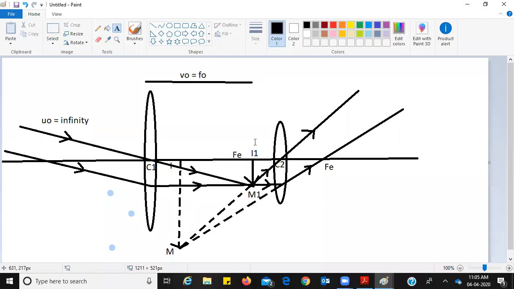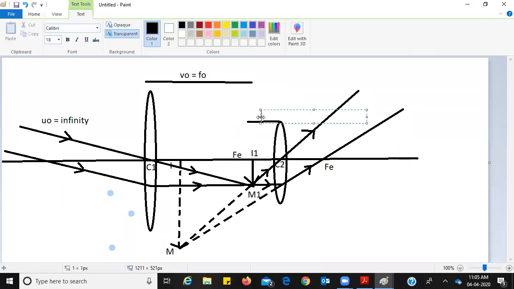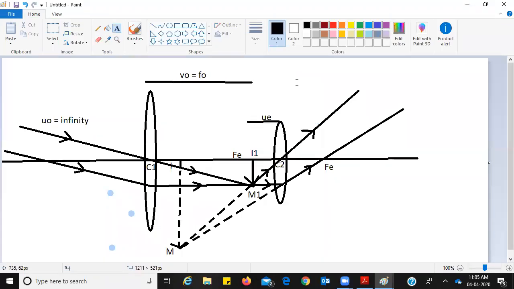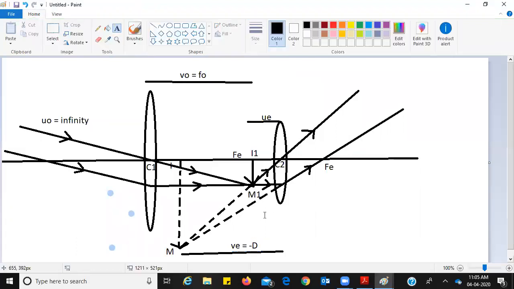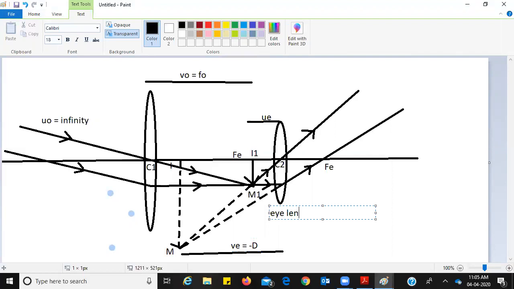U equal to FO. And this distance is UE. And this distance is VE, minus D, for the objective lens.